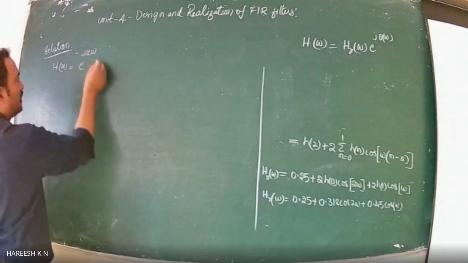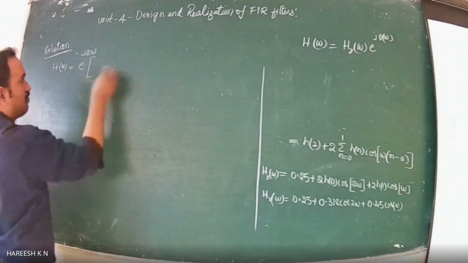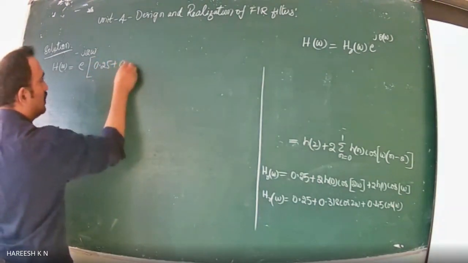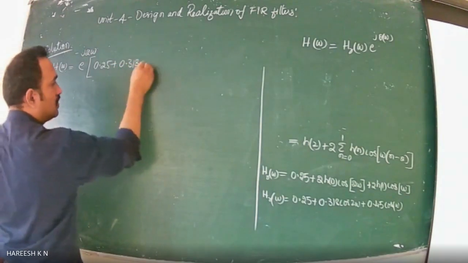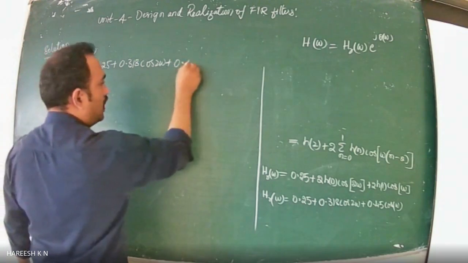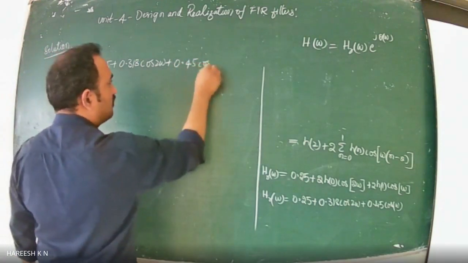Therefore, e to the power of minus j 2 omega into HR of omega, which is 0.25 plus 0.318 cos of 2 omega plus 0.45 into cos of omega.